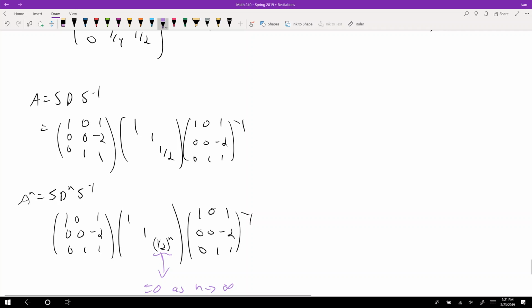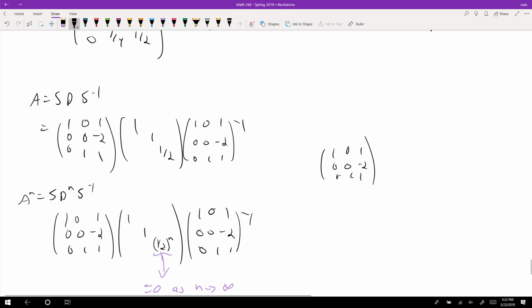So the limit is you just multiply with 1, 1, 0, and then multiply this matrix out. This inverse shouldn't be that bad. We can do it, I guess.